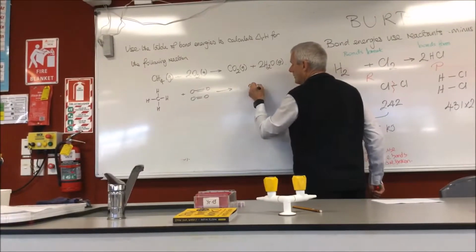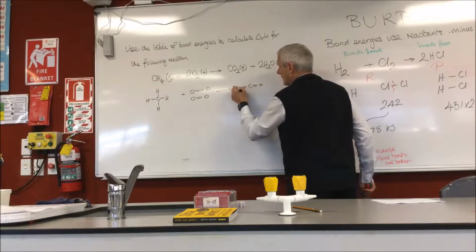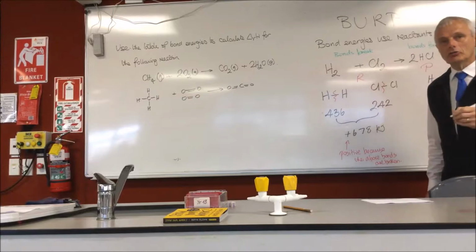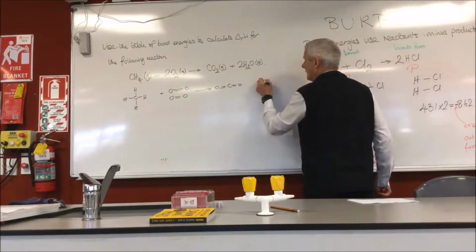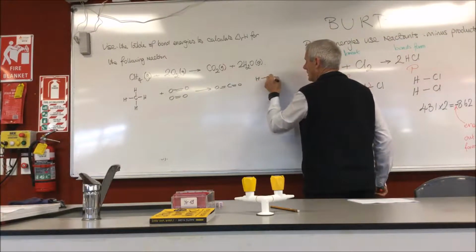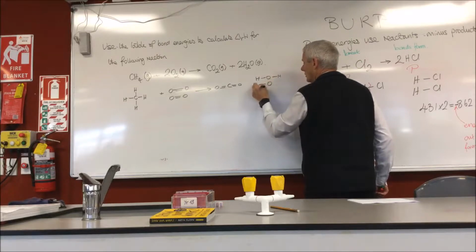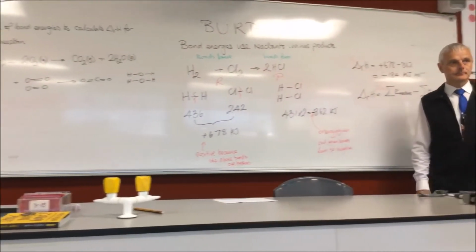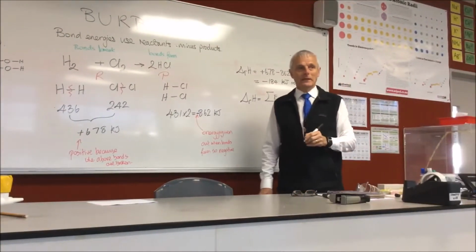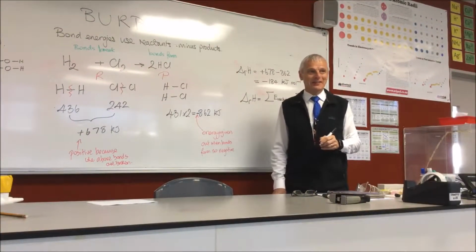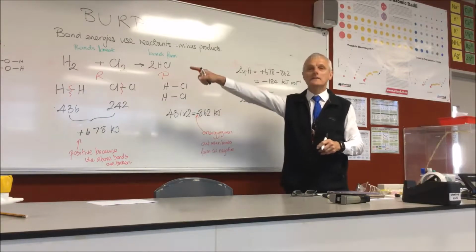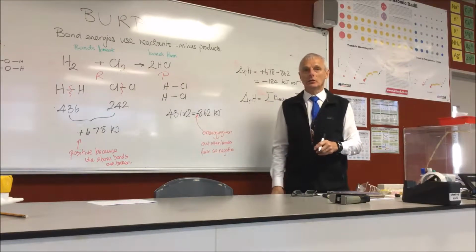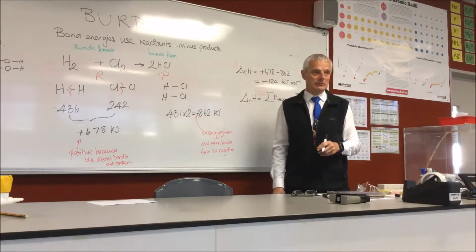We're going to form a carbon dioxide molecule, and then two water molecules. Okay? Now you can see why it's a really good idea to write everything out. Do not try to do this in your head from the equation, because you will miss things.